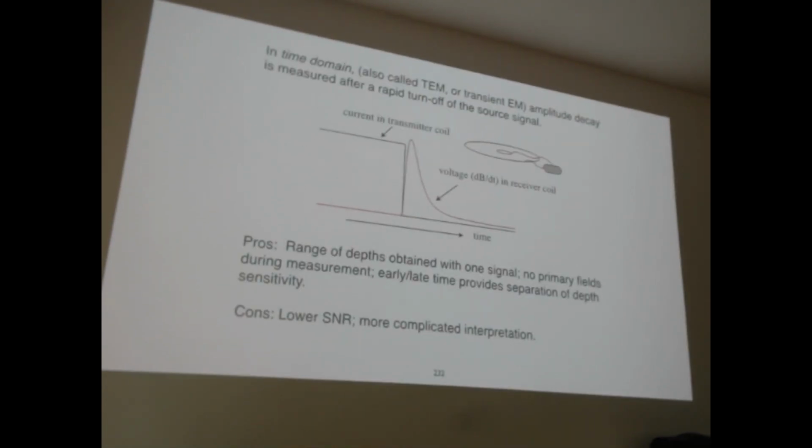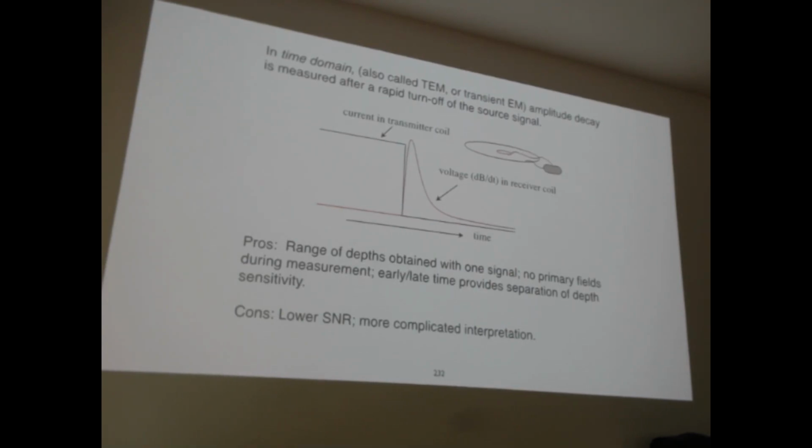Another way you can do this is to use a time domain method where you change the magnetic field simply by switching it off. You put a steady DC current in a transmitter coil, you turn it off very fast, and the magnetic field changes very rapidly from on to off.